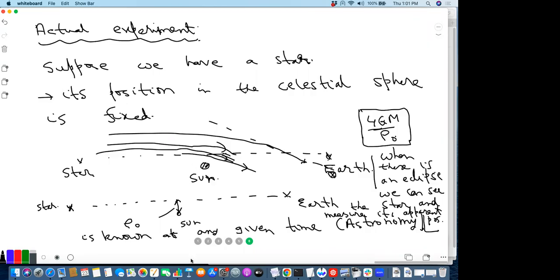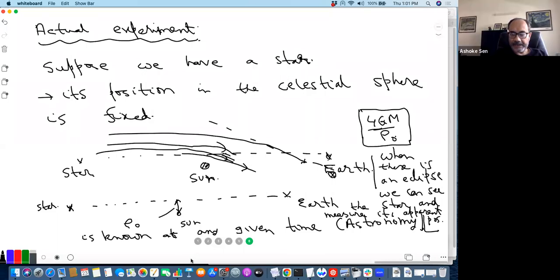Yeah, so we measure this apparent position during the eclipse when light is being bent by the sun, and we also measure its position in the celestial sphere when the sun is not around. Then we have that value, but to compare it with 4 GM by rho zero, we need a measurement of rho zero separately, right? Yeah, but that's what I was saying.